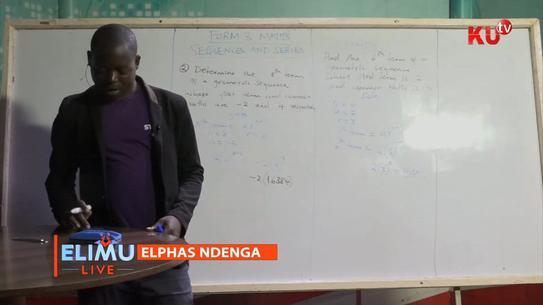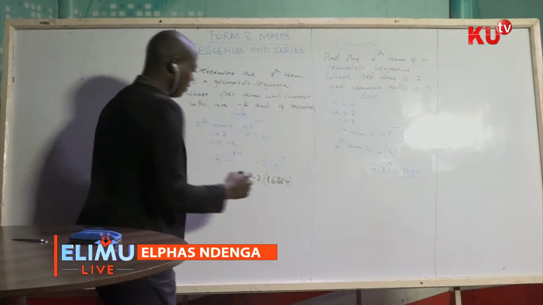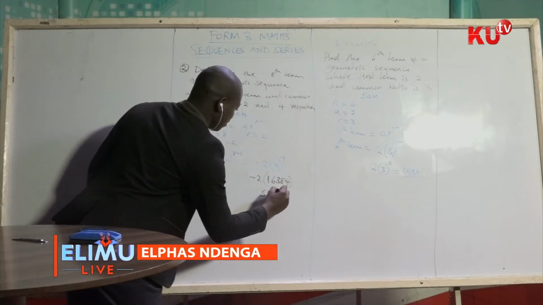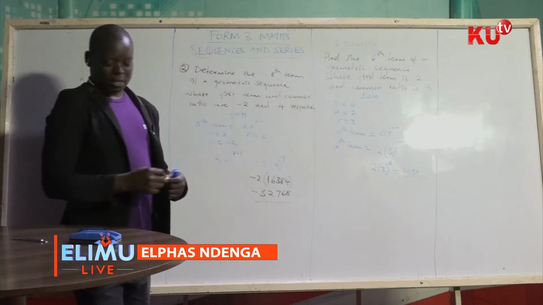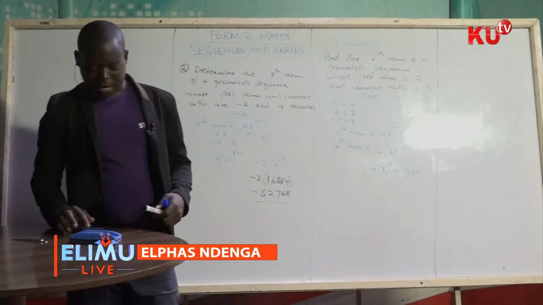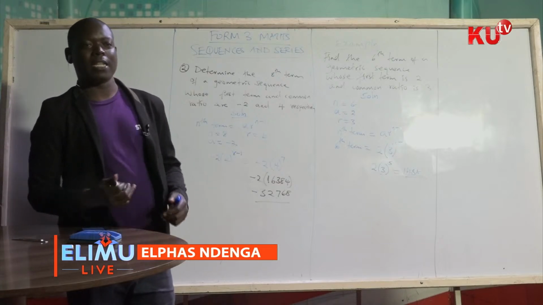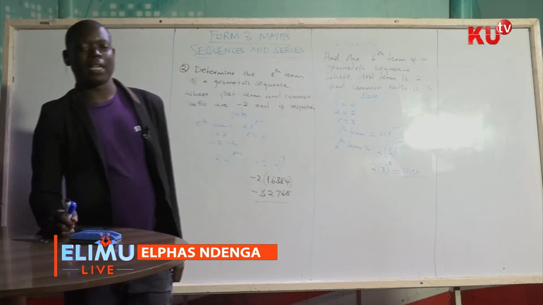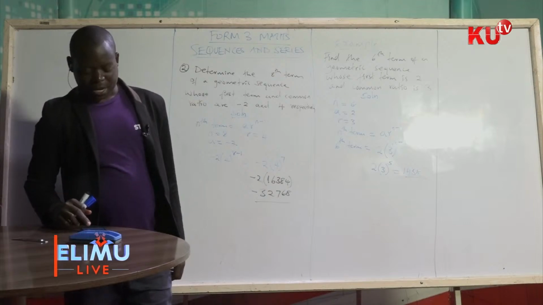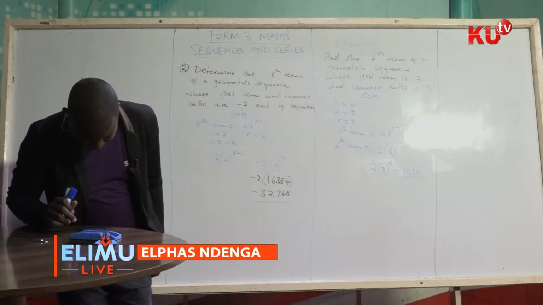The answer is -32,768. So that is how we get the nth term in a geometric sequence.